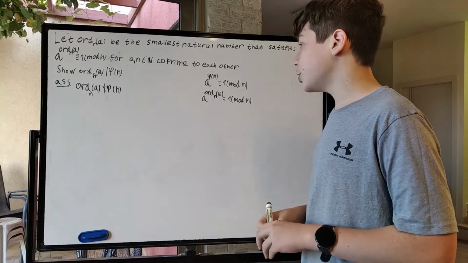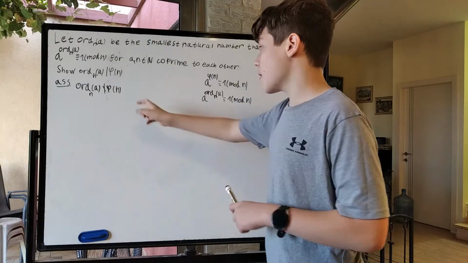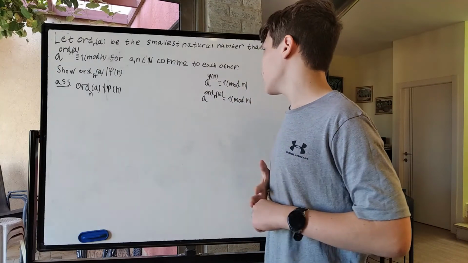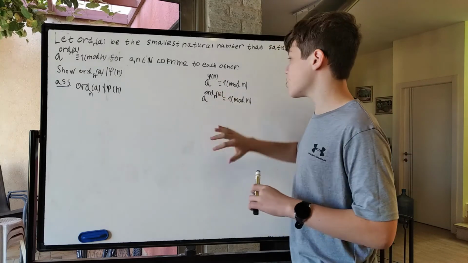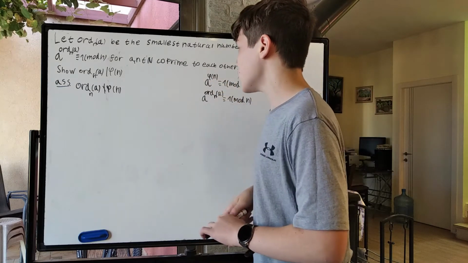So that's our assumption, and because we have this mod going on, maybe it will help, and maybe with those we'll be able to get a new number, maybe by subtracting from these exponents.